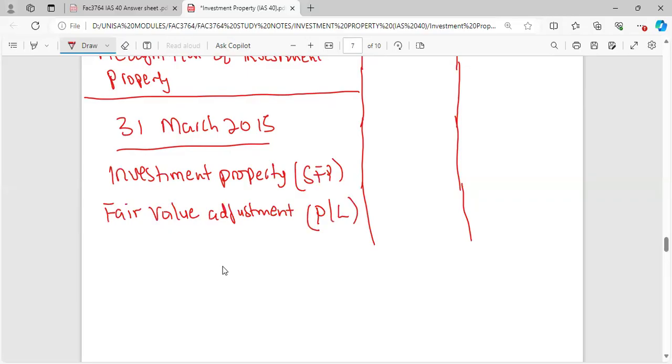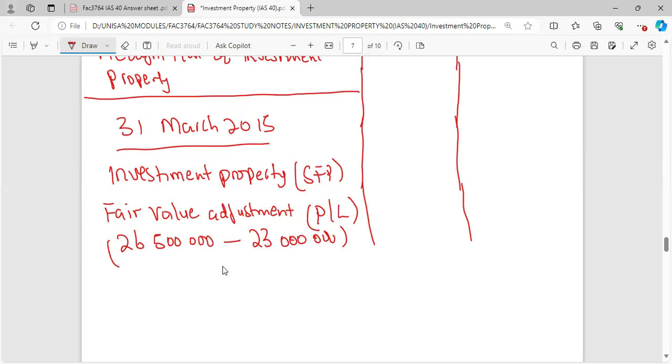So we're now going to have 26,500,000, the carrying amount after fair value adjustment, minus 23 million. So this is what we are going to record at subsequent measurement.